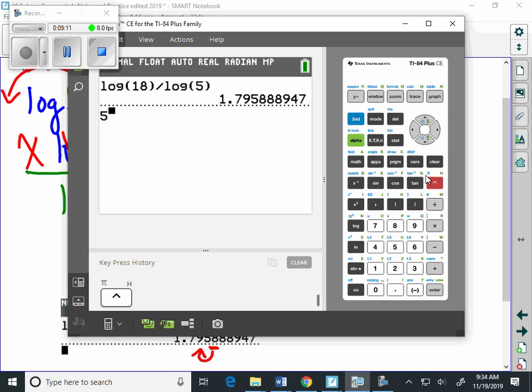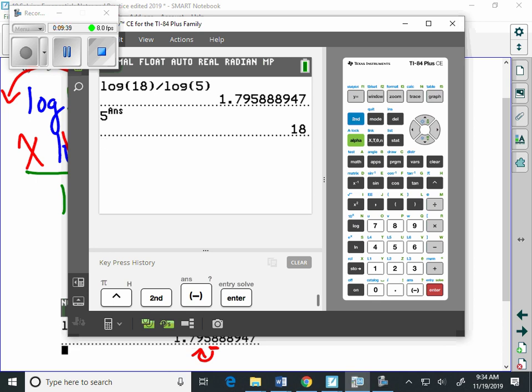In fact, actually, I think even the old calculators can do this. If you go second, and then the answer button, which is on the negative. So now it says 5 to the answer, and the answer that it's pulling is the 1.795888947. And when we press enter, it should equal 18. And it does. We can see that right now.